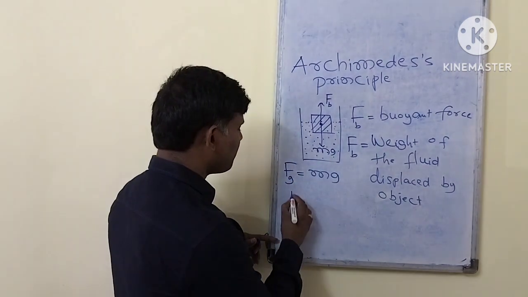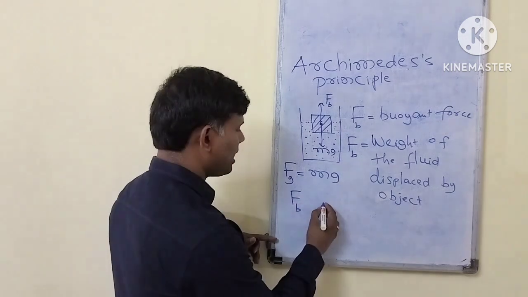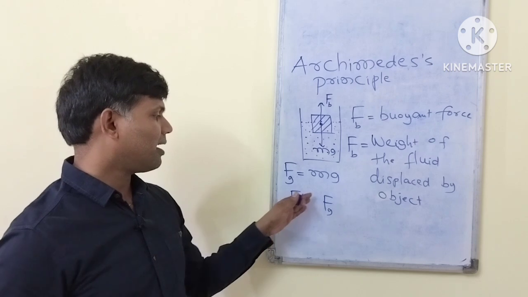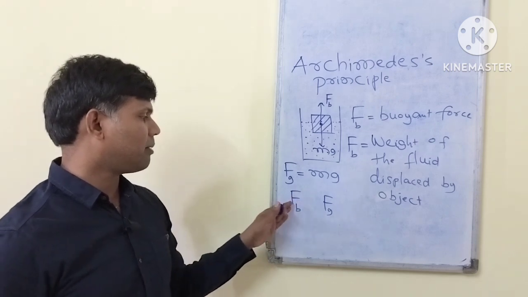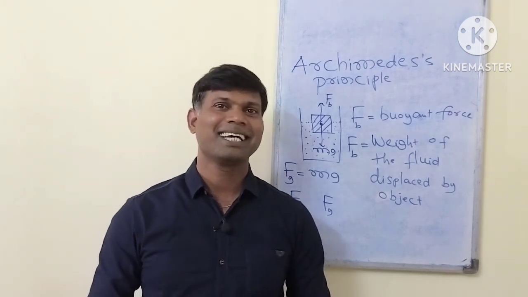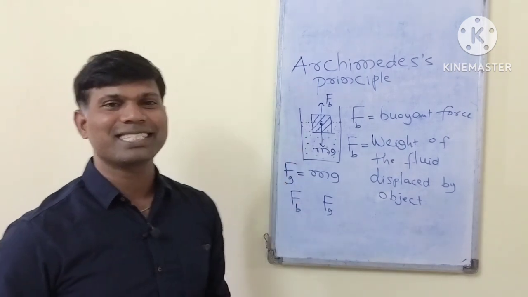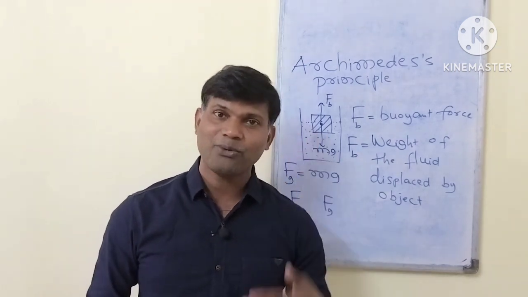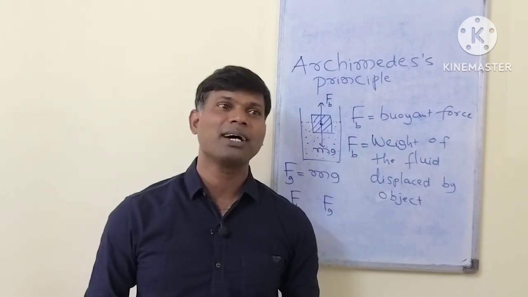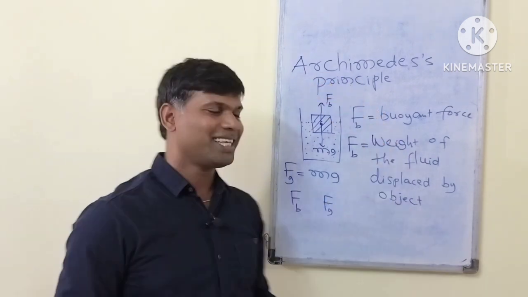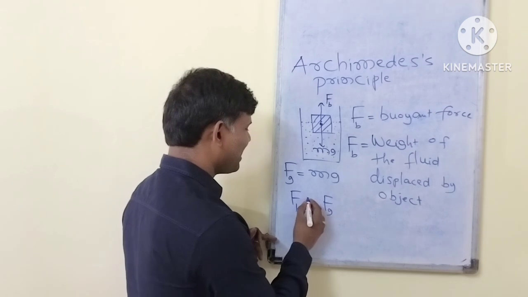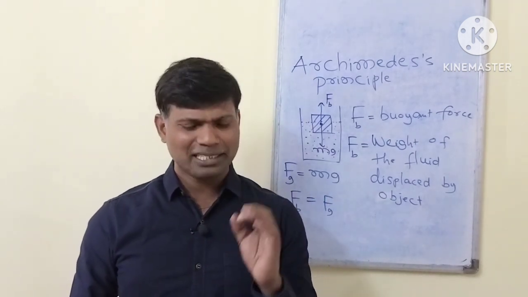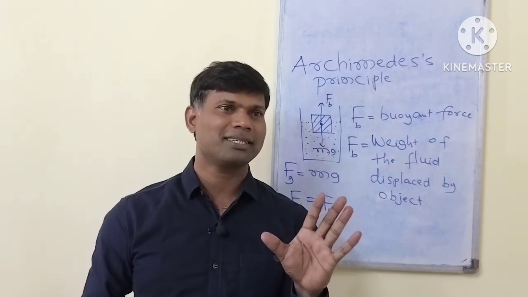What is the symbol between FB and FG? Here the net force is 0. Net force 0 means downward force equals upward force. Then what must be the symbol here? Equal. Simple. It is common sense.